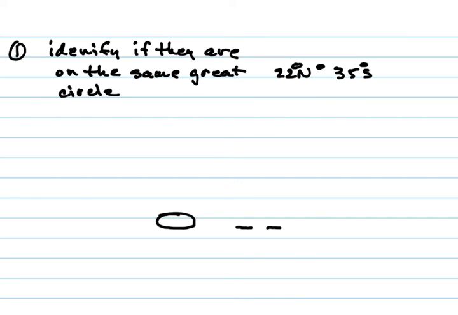Because you can use latitude if they're both on the equator, right? So it's not only limited to longitude, but you can use latitude if it's on the equator. But if it's not on the equator, if they have the same latitude, that is a completely different process. And that's the one we'll learn next time.